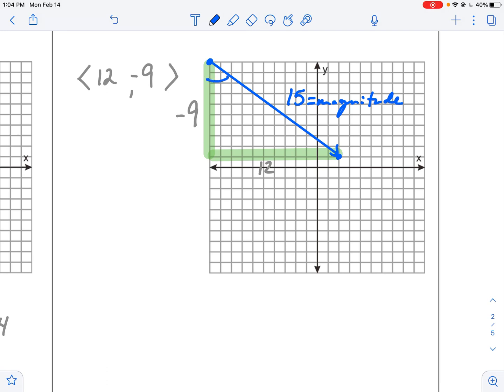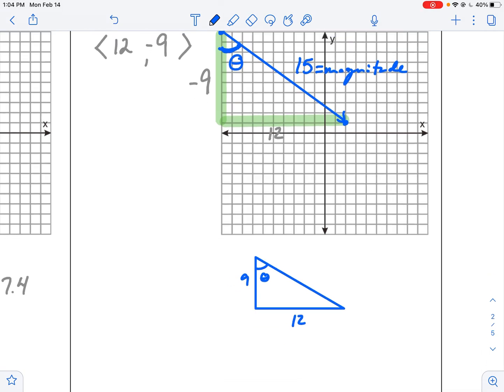And then for your direction, I'm going to find this angle here, theta, created by your vertical component and your resultant. So I've got this triangle here. I want to find theta. I've got 9. I've got 12. So that's still tangent.